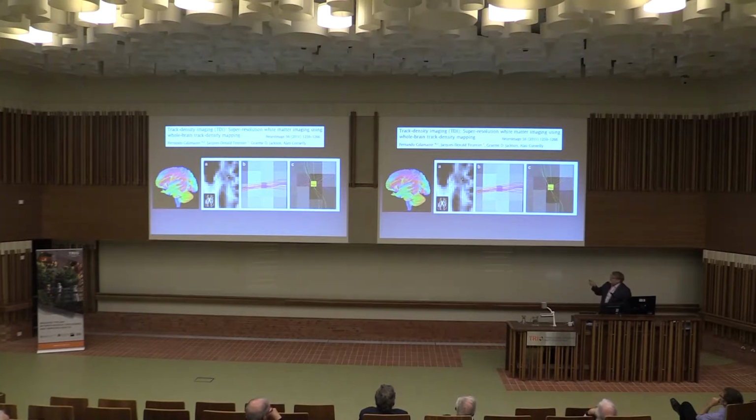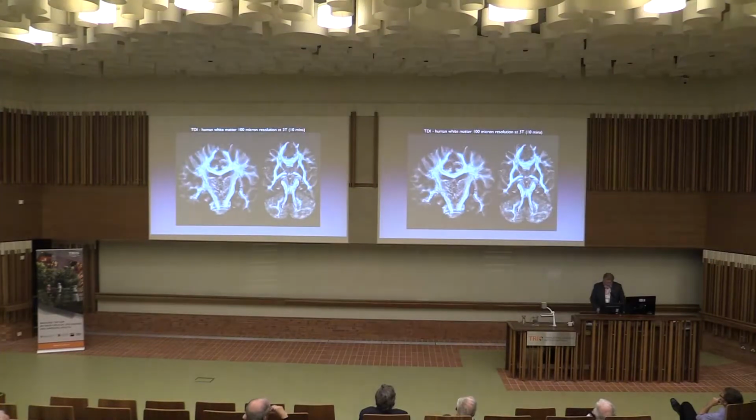So what you can do effectively is throw the original voxel away and use this spatial information as your model, and then the model can be made whatever resolution you like, and you can end up with high resolution. This is a diffusion image that I should show you the original. It's 2.3 millimeter isotropic voxels in diffusion, and using this process, you've got 100 micron resolution with pathways that are realistic. So this is truly super resolution by using this quality of diffusion, and that's one of its most powerful bits.